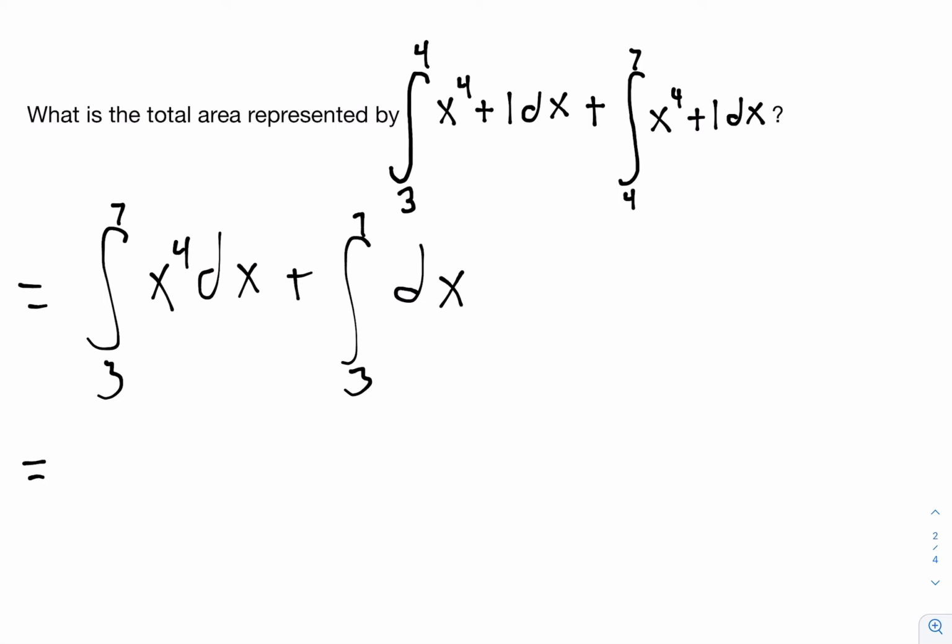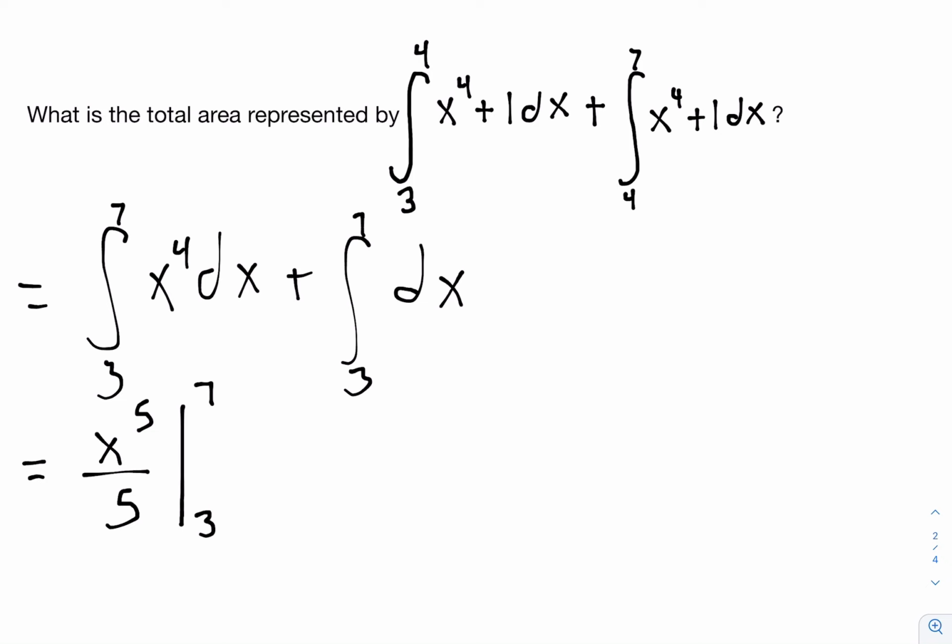Well, the antiderivative of x to the fourth is just going to be x to the fifth over 5, right? Because we're raising it to the power 1 higher than it was before and dividing it by that new exponent. So it's going to be x to the power 5 over 5. And then remember, we're evaluating that from x equals 3 to x equals 7.